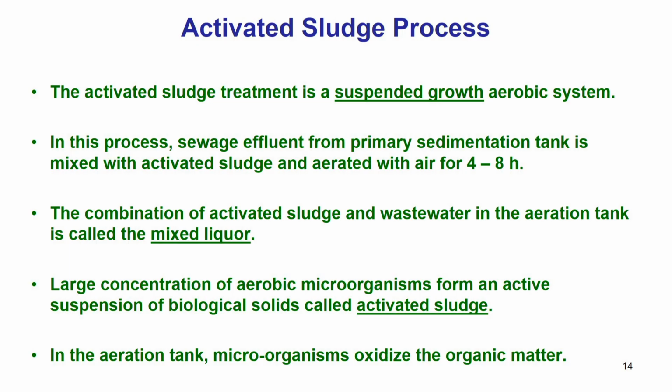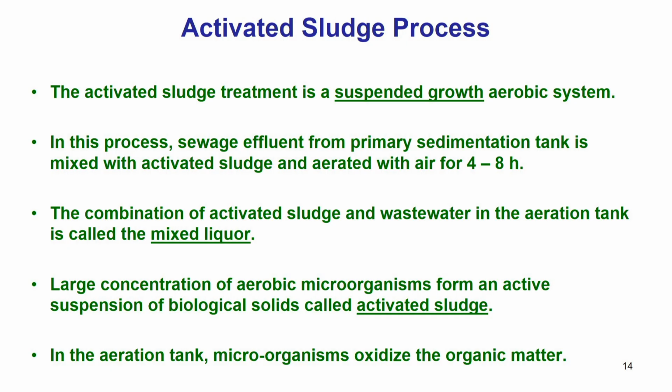Typically it is 6 hours in the conventional process. But in some systems, called extended aeration systems, which we are not discussing here, it can be up to 24 hours also. In the conventional system we will have 4 to 8 hours. This is actually mixed liquor suspended solids.